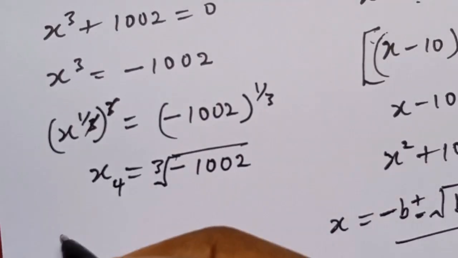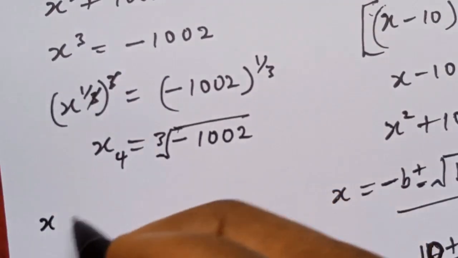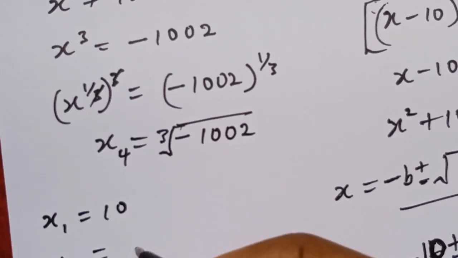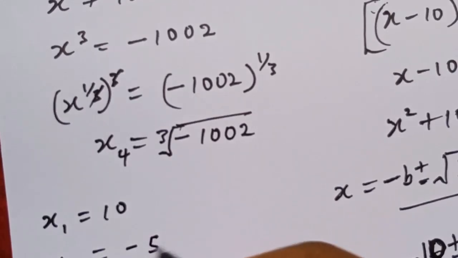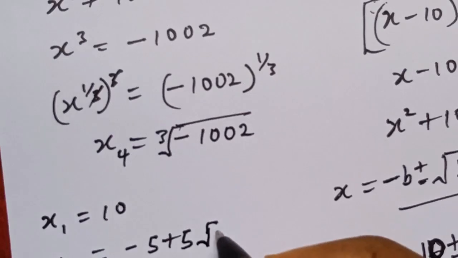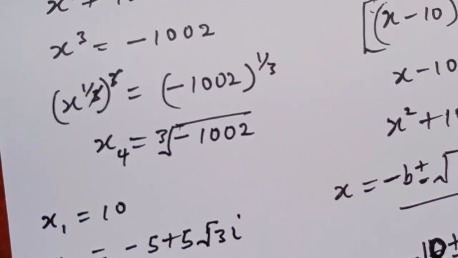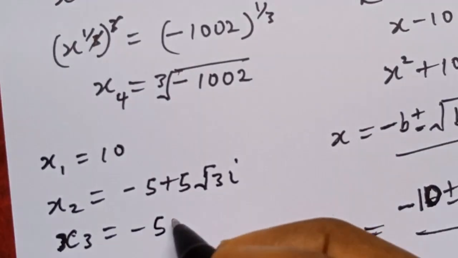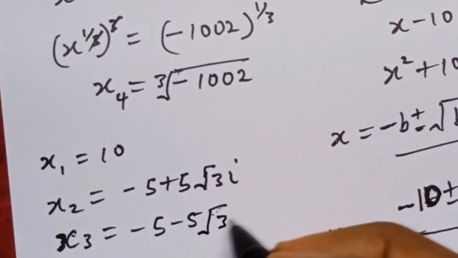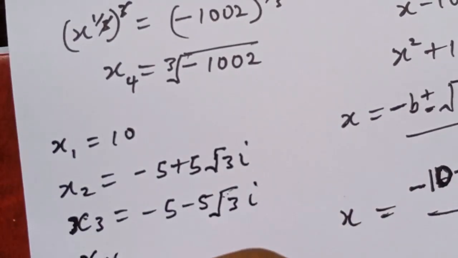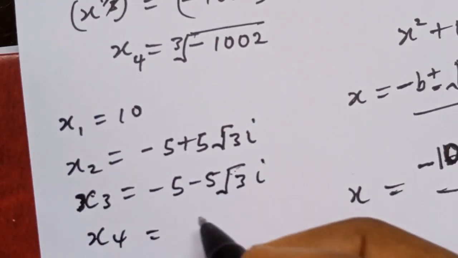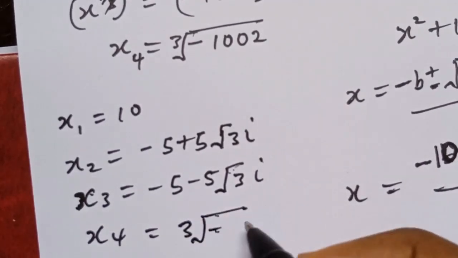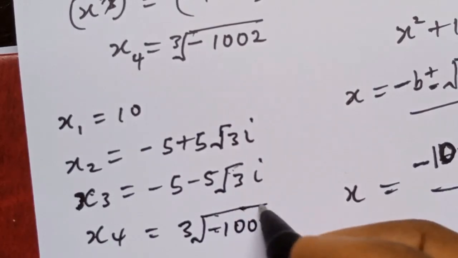So this is our value of x. From our first value of x, we have x1 equals 10, x2 equals minus 5 plus 5 square root of 3i, x3 equals minus 5 minus 5 square root of 3i, then x4 will give us the cube root of minus 1002.